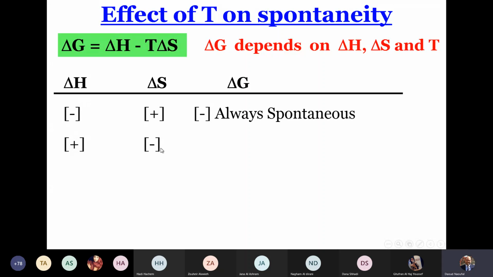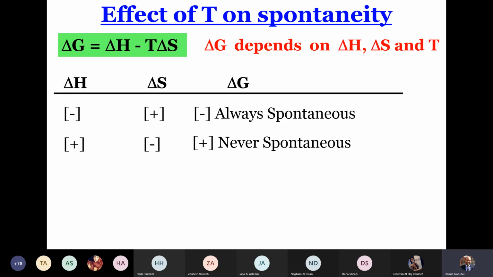The second example, delta H is positive, so this reaction is endothermic. Delta S is negative. That means S of the products is less than S of the reactants, so the order increases. Delta S is negative times T positive, so T delta S is negative, minus T delta S is positive, and delta H is positive, so delta G is always positive, and the transformation is never spontaneous.